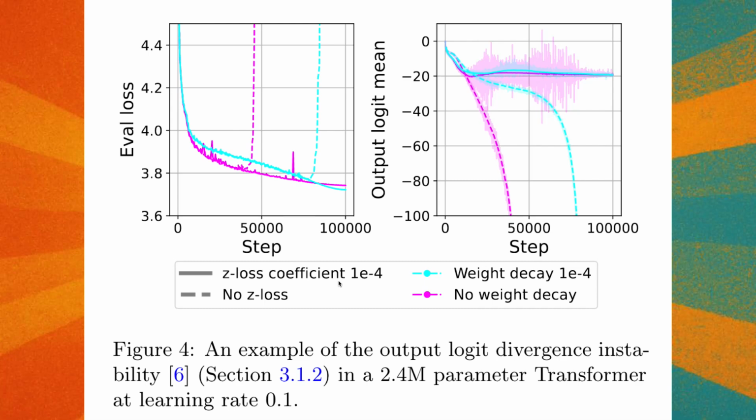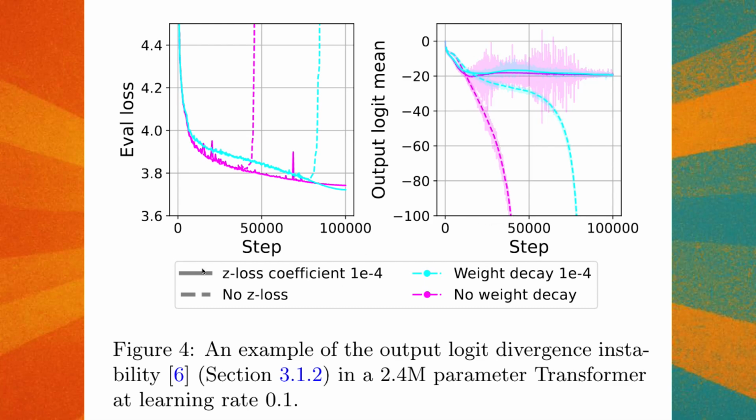So the first thing I want to look at is what happens when I'm not using z-loss and I'm not using weight decay. So I want to look at this dashed magenta line. Halfway through training, the loss diverges, it explodes, and training fails. And the reason it does that is because halfway through the training, the output logit means are exploding in the negative direction, going past negative 100.